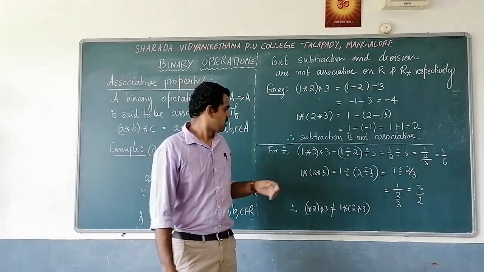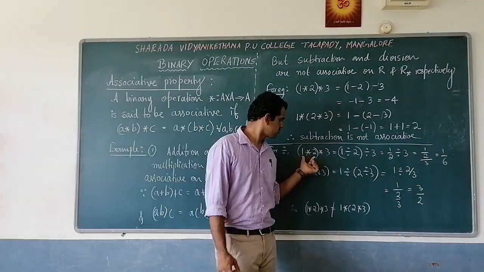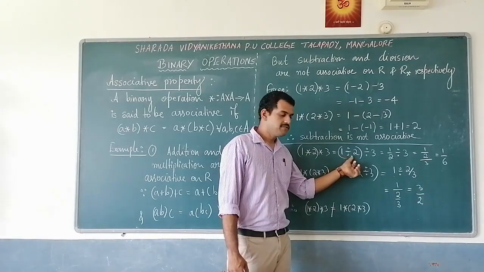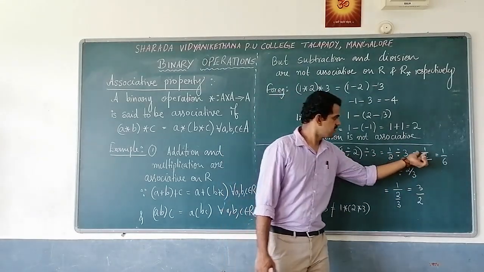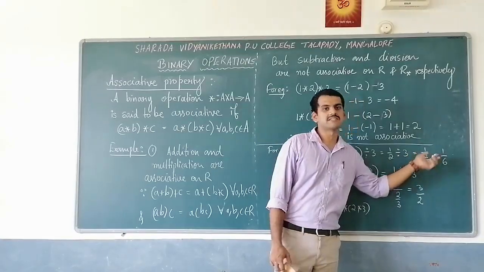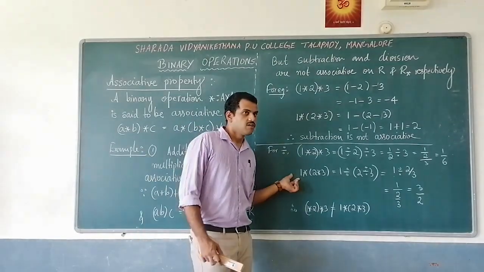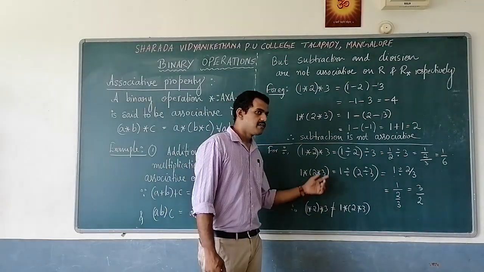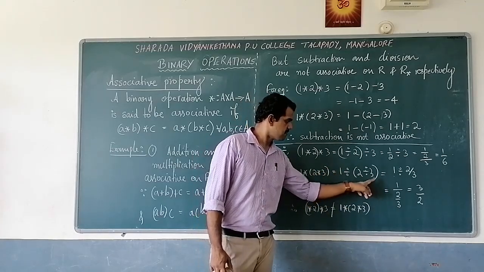And coming to division, on R star, if I take (1 star 2) star 3, that is going to be 1 divided by 2, that is half, again divided by 3. So 1 by 2, when you divide by 3, you will get 1 by 6 as the value. Here if I take 1 star (2 star 3), that is equal to 1 divided by (2 divided by 3).